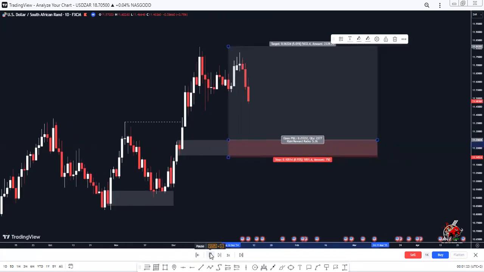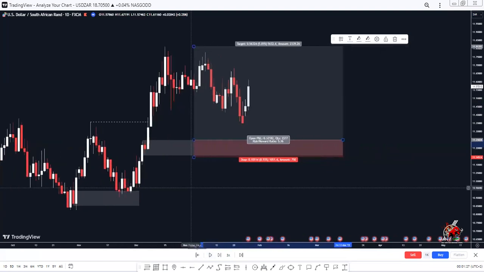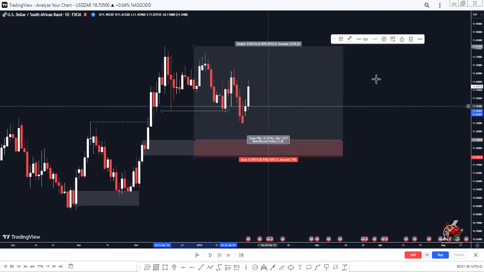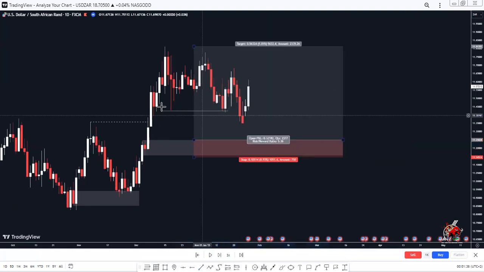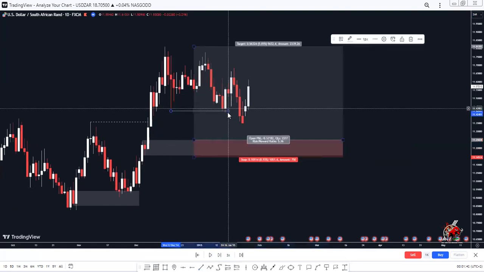Let's play and see. The market did what right here? The market created liquidity, which is a double bottom, created a double bottom right there. And we know when the market creates a liquidity like this, it must come back to do what? To take it out.